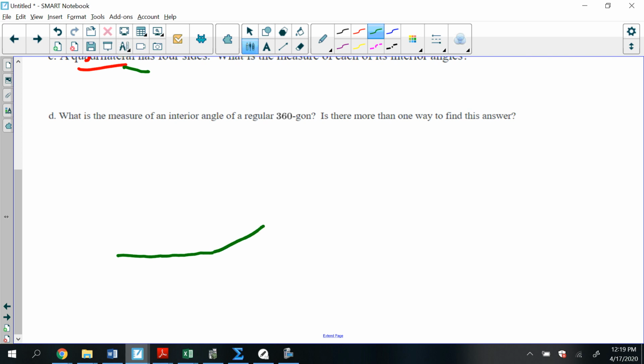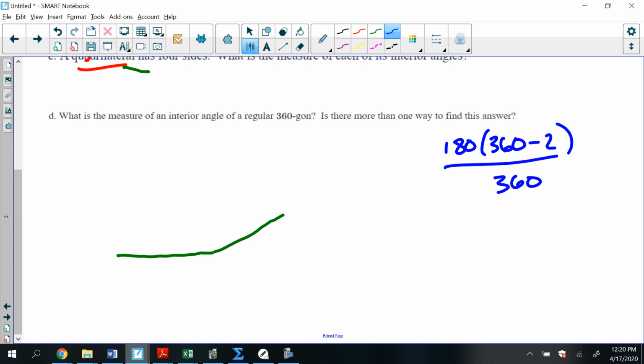So I got a side like that. It has 360 sides. Now again, this is where I could find the interior. Each interior though is going to be 180 times 360 minus 2, all divided by how many sides? 360. That's one way. But they're asking, is there more than one way? Well, if this is the exterior angle, let's call this x.